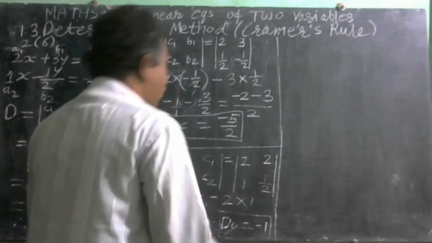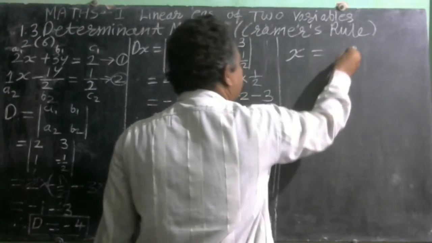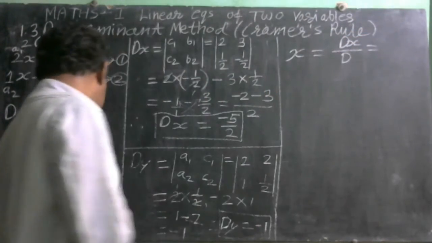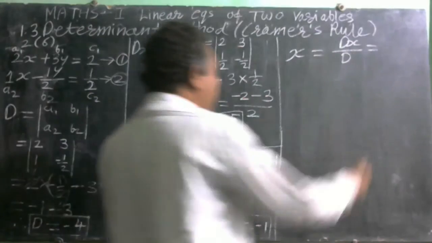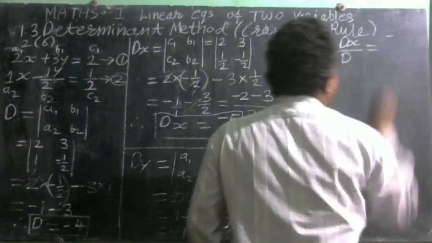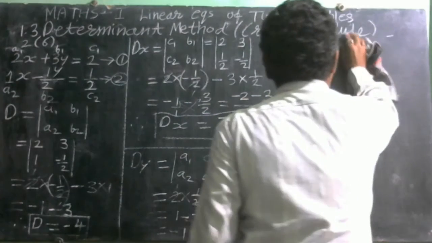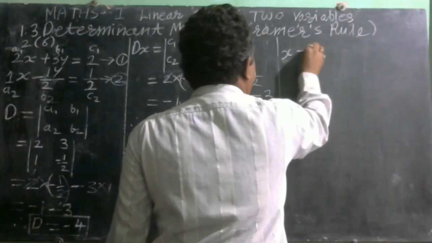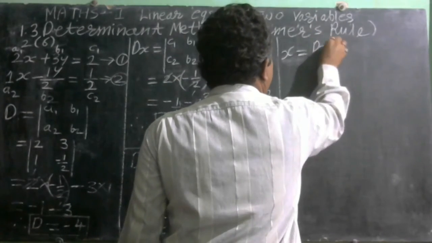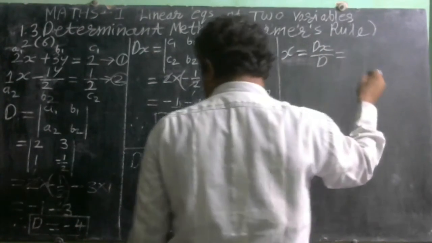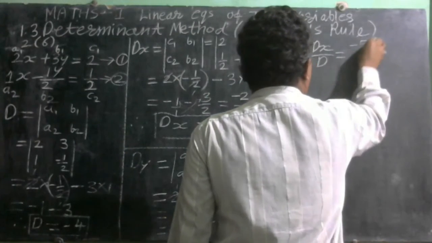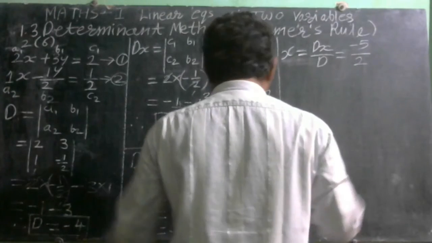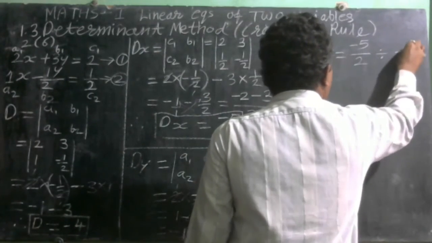Now we have to find the value of x, as x equal to Dx upon D. What is the value of Dx? Minus 5 upon 2. x equal to Dx upon D, that is equal to minus 5 upon 2 divided by minus 4.